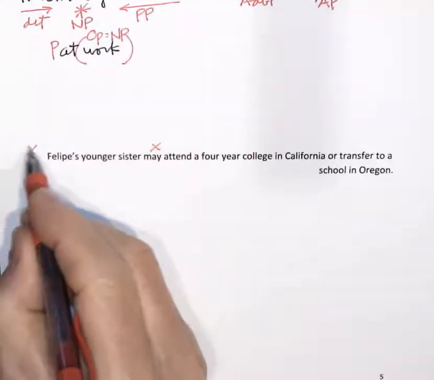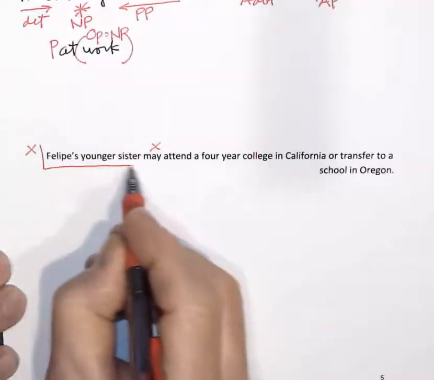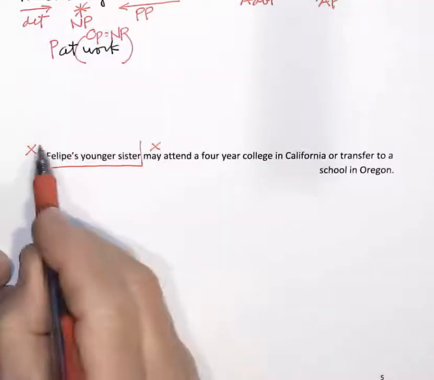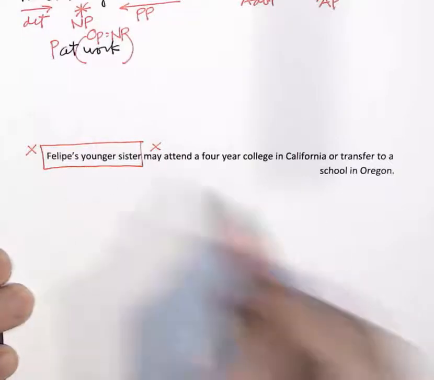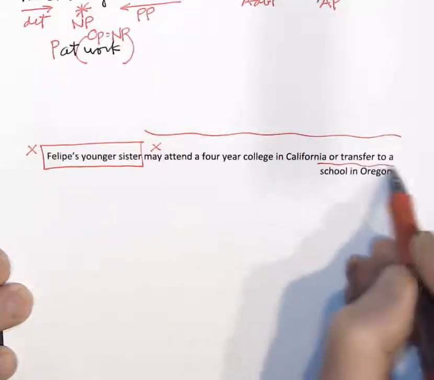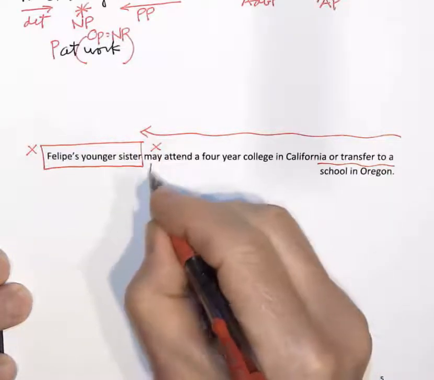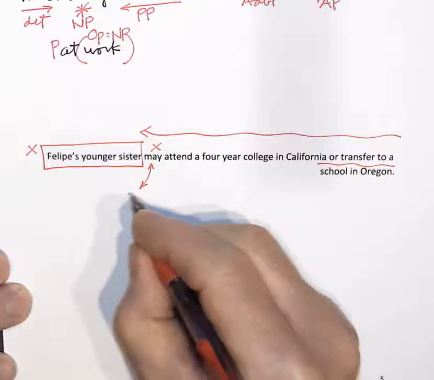May Felipe's younger sister, so we have our two X word places, we have our subject. There are no shifters, everything left is the predicate, and may ties with the present.